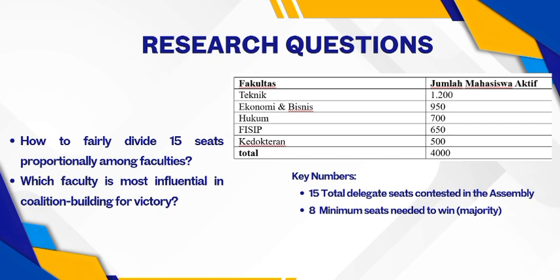That's 4,000 students in total. And here are the two key numbers to remember. There are 15 total seats up for grabs, and you need at least 8 seats. That's a simple majority to win.